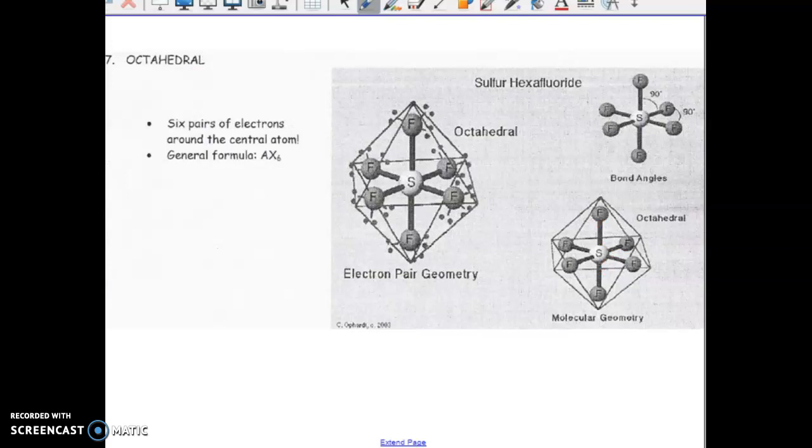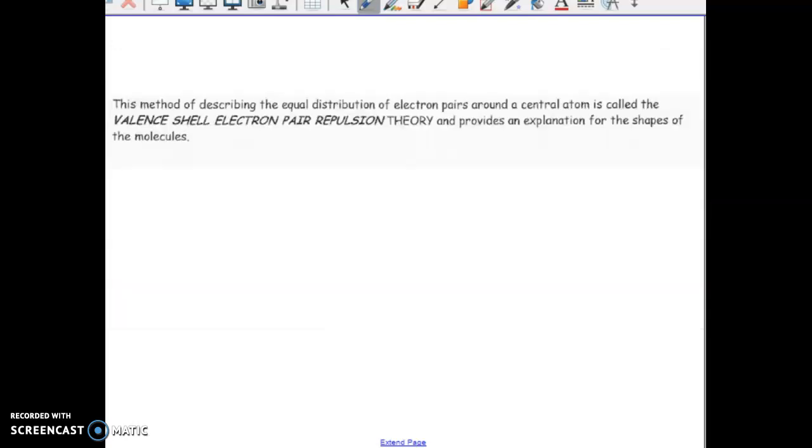Okay, so octahedral is where you have a central atom with 6 elements bonded to it, again with no lone pairs of electrons. Sulfur hexafluoride is an example of one here. So you have sulfur with the 6 fluorines. Again, don't worry about the angles for anything other than those first 3 I'd like you to know.